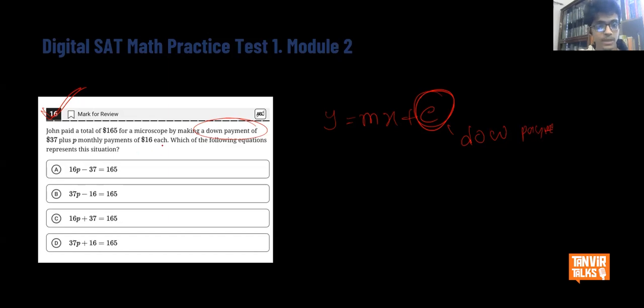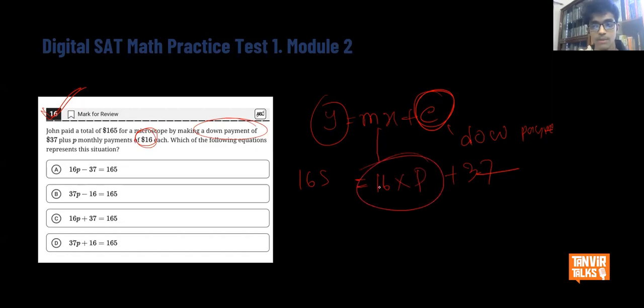So m এর ভ্যালু হচ্ছে 16 আর p monthly, বিকজ প্রত্যেক মাসে আমাদের $16 করে অ্যাডিশনালি পে করতে হবে। সো আমাদেরকে বলছে which of the following equation represents this equation, so that would be this.